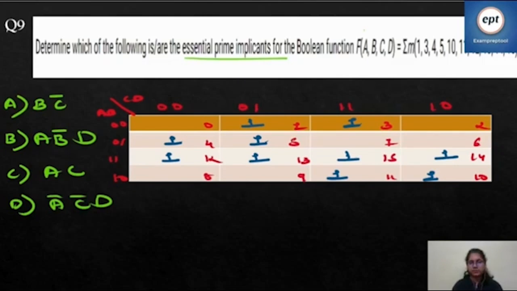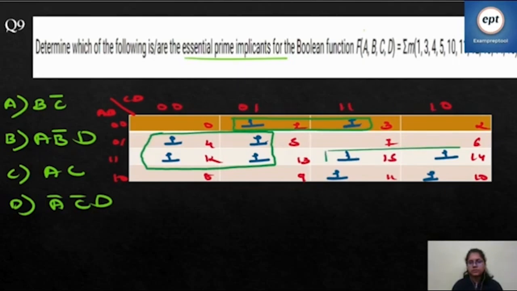Let's make the grouping. You can see that we can group this because this is the larger group which covers all the ones like this. This is how we do one grouping. We can do another grouping where we cover the elements, and we can group one more. So here you can see that all the elements are covered.